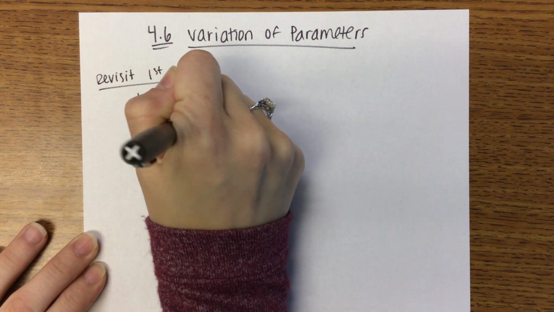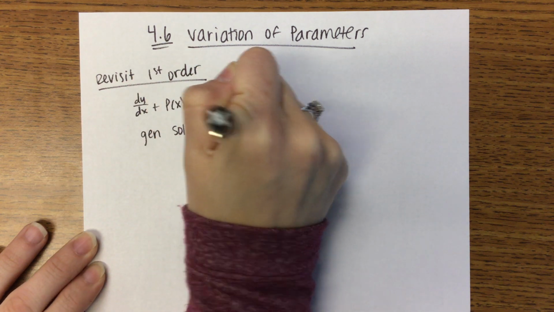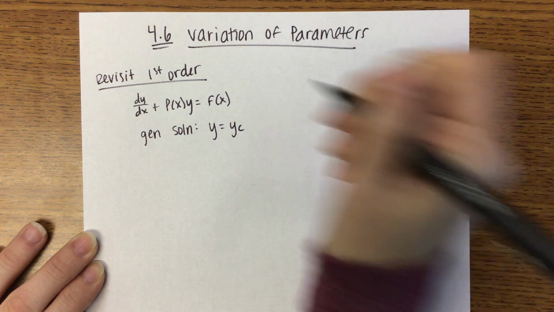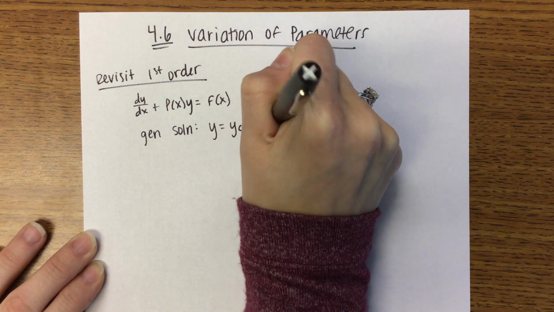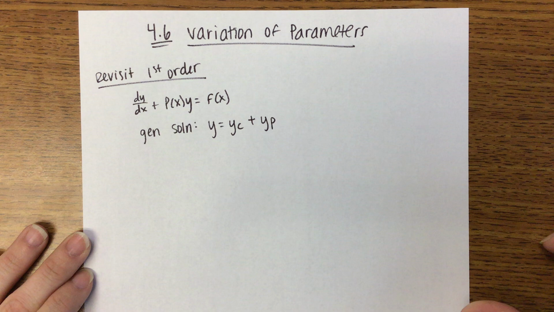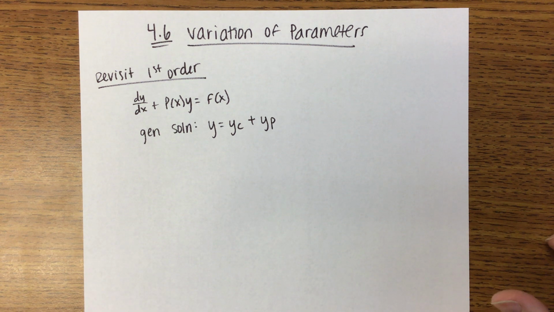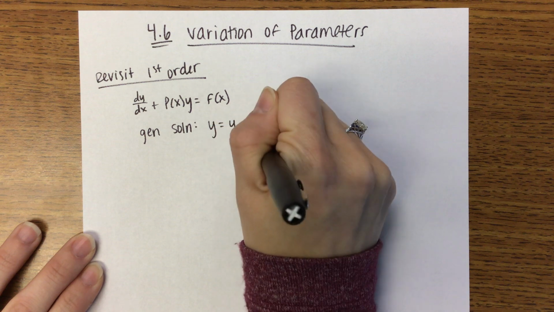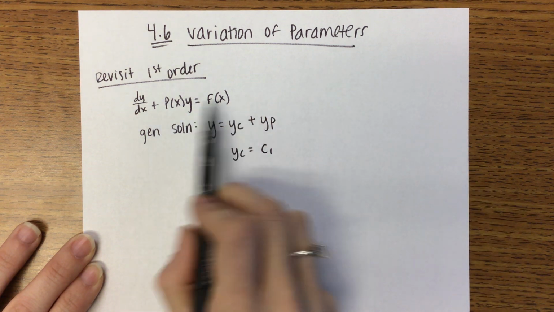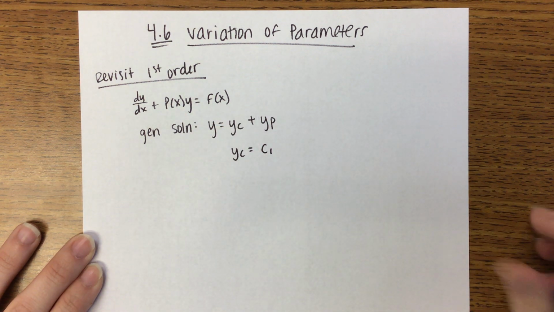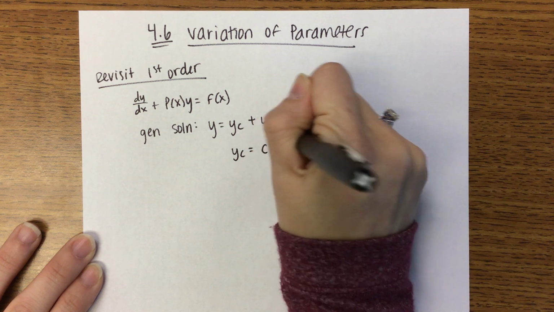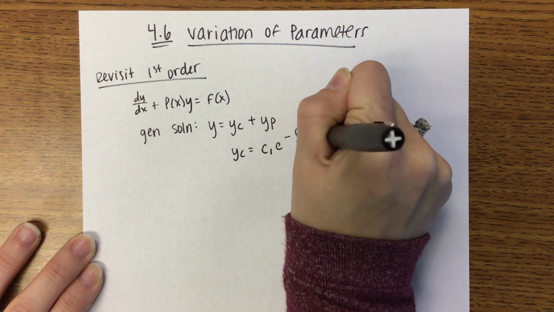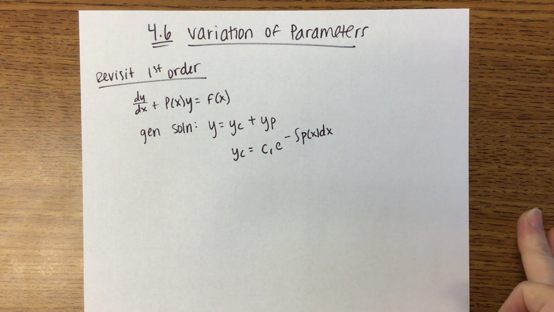The general solution is going to be the sum of the complementary solution and the particular solution. If you solve for the complementary solution, you get c1 e to the negative integral of p of x dx. That should look familiar.